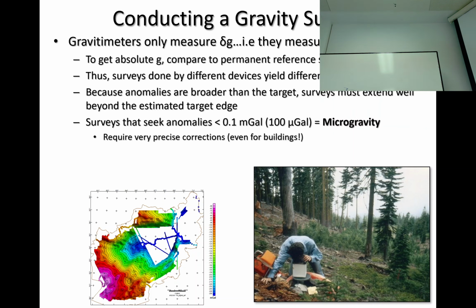So what could be helpful? Gravity. Why? Because salt has a high velocity, 4,000 meters per second, but its density is low. It has low density compared to the strata, which is a good sign for the salt.